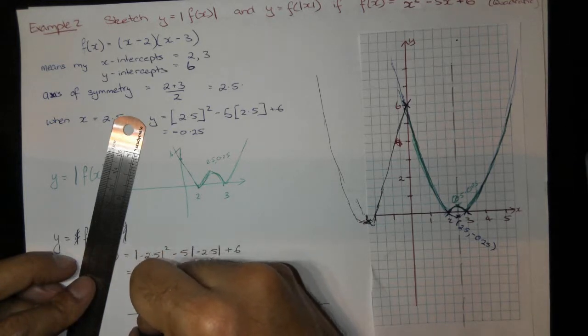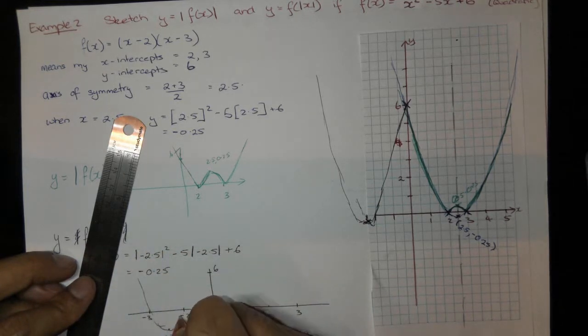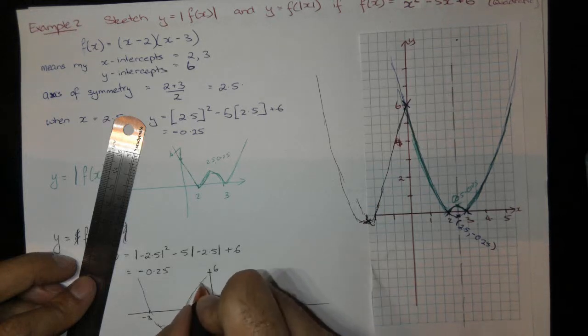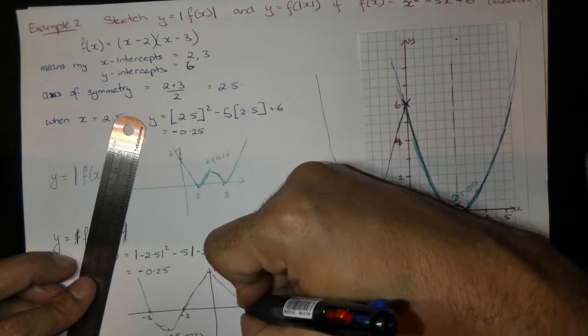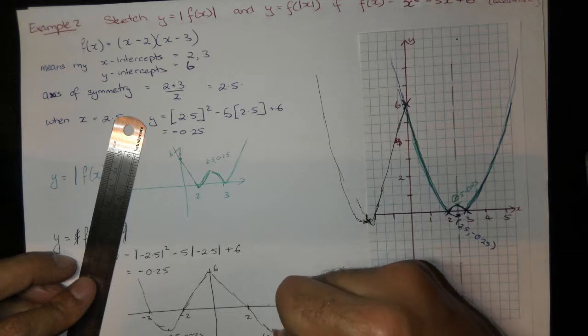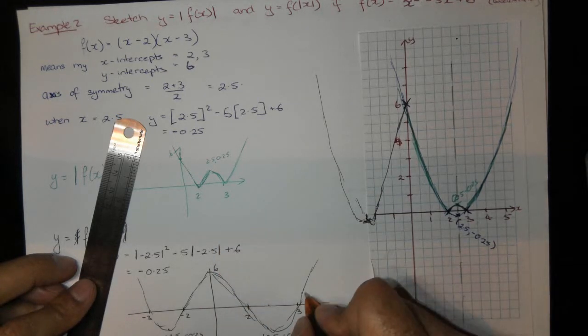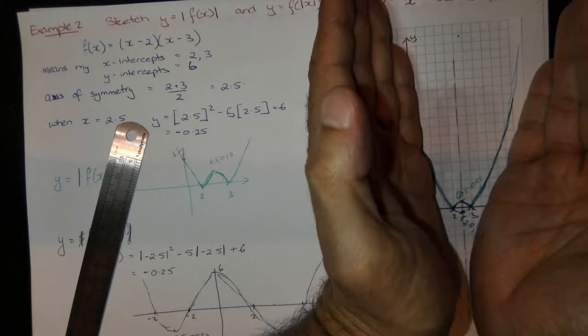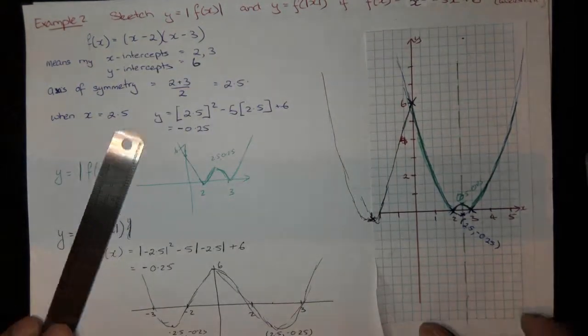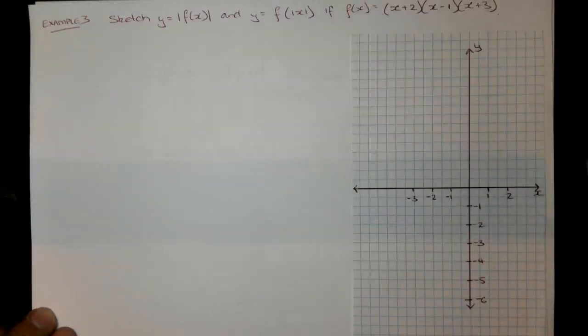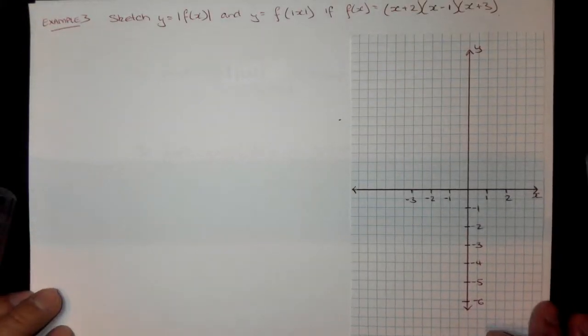So you get this W thing happening. Sorry, that's not to scale, but you get this W thing happening if you just basically flip that onto the other side. Okay, let's do one more example.